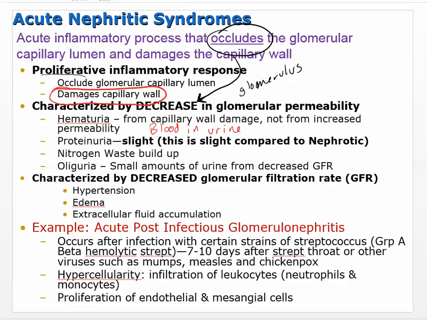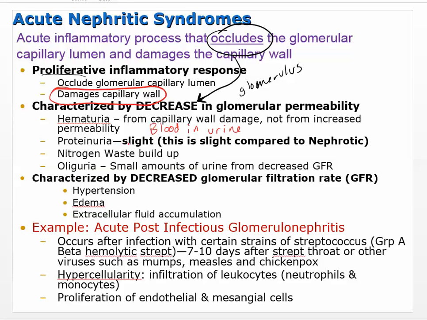With damage to the capillary wall, we're going to have blood leaking into the glomerulus, or into the nephron, and then we're going to see that blood in the urine. A lot of times they talk about that as being cola-colored urine. But you're going to see blood in the urine.